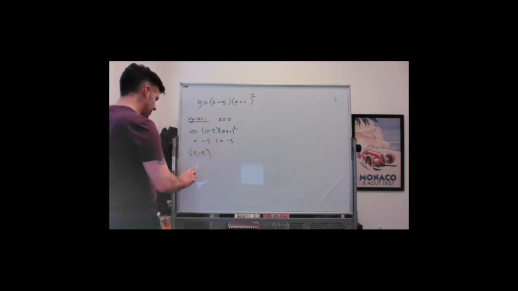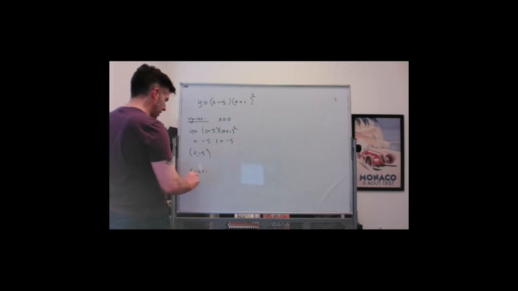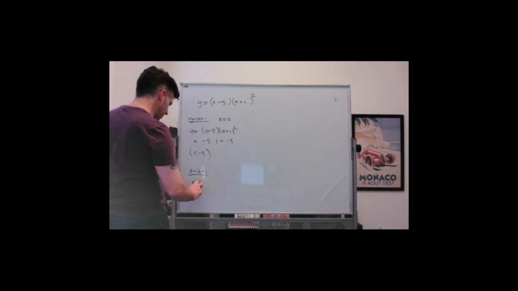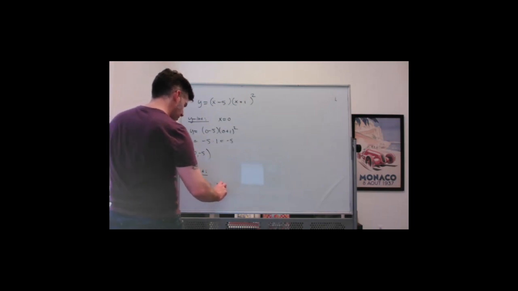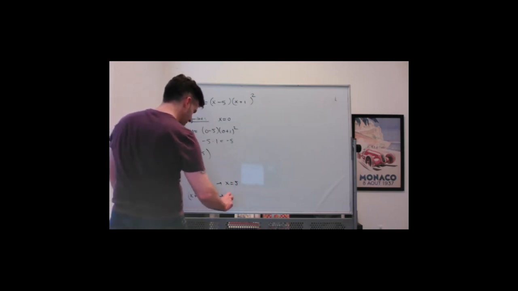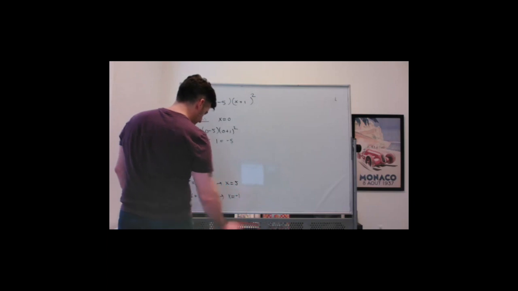My x-intercepts, I'm going to get by setting each factor equal to 0. So x minus 5 equal to 0 is going to give me x equal to 5. And x plus 1 squared equal to 0 is going to give me x equal to -1.